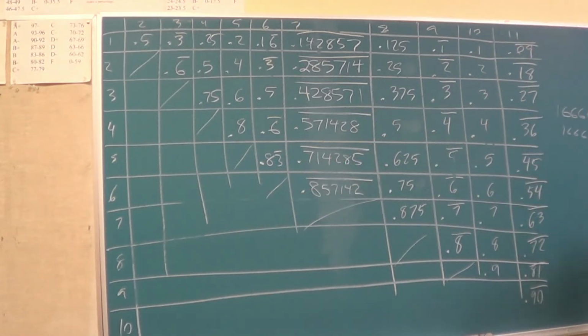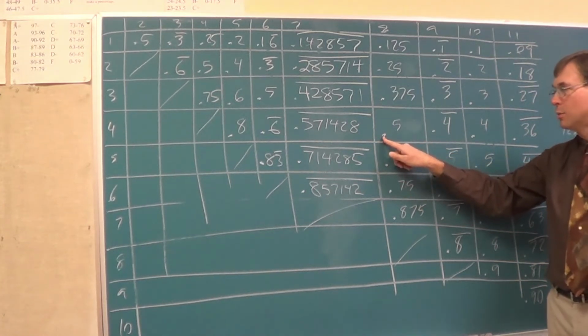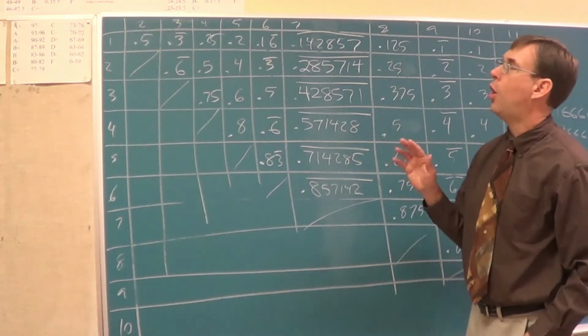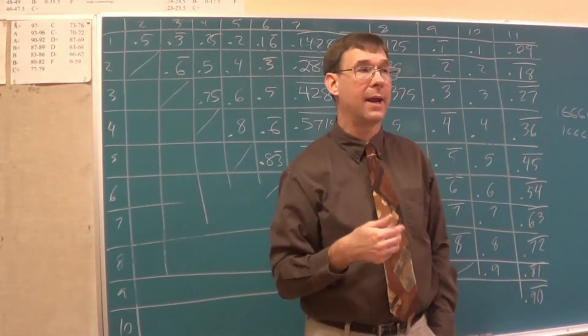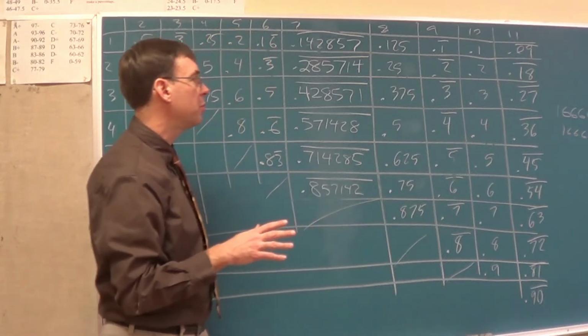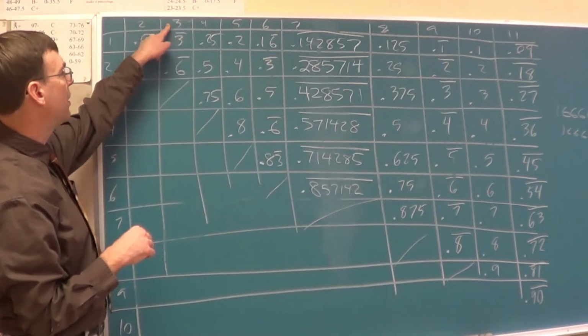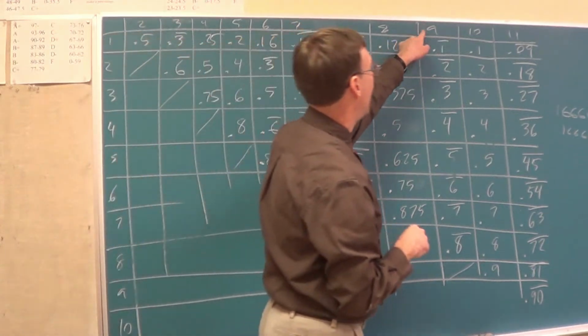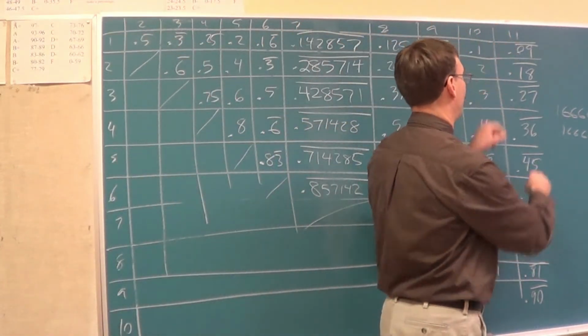The big thing you don't want to forget, and I've emphasized this a couple times already, remember the decimal points, and here's a trick to maybe help you with the bars. The odd columns are the ones that tend to have the bars. It's not 100% true, but the 3s have bars, the 7s have bars, the 9s have bars, the 11s have bars.